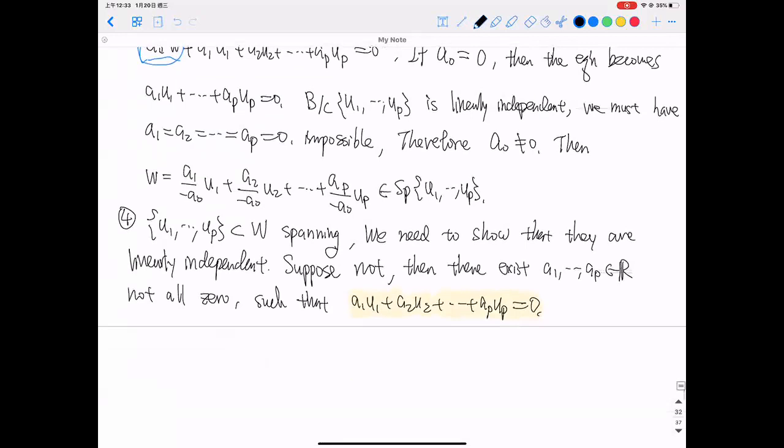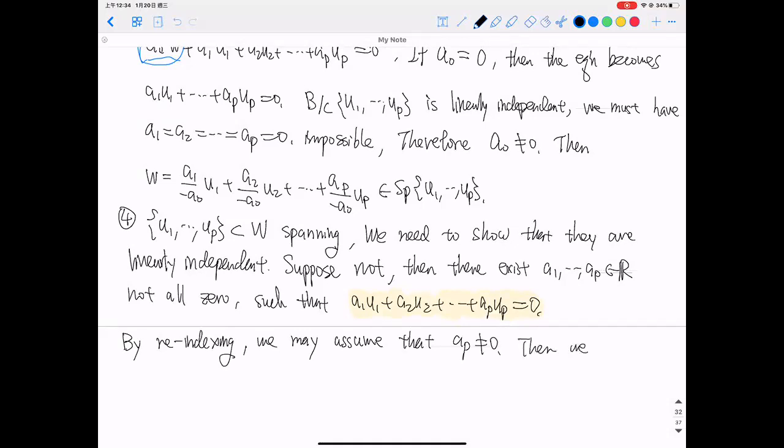Now, by reindexing the u's, we may assume that ap is not 0. One of the a's is not 0, so we can change the indices so that the one non-zero a is ap.